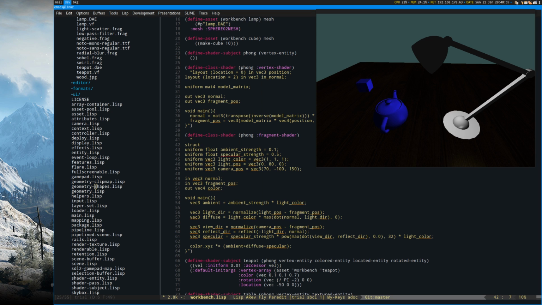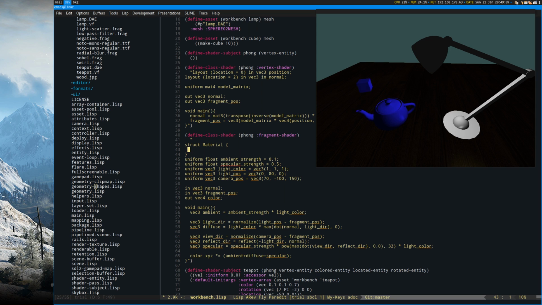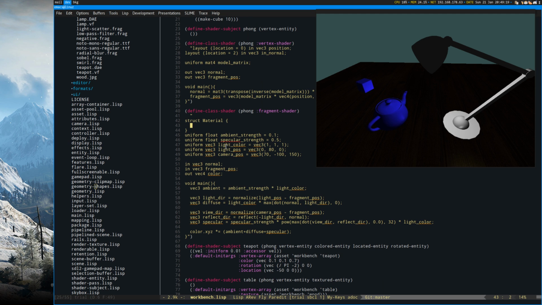Stop being so rowdy. Can't let a man stream in peace. I have some other ideas on how to do materials for later, like being able to do per vertex materials. But for now, we'll just do the simplest scheme.